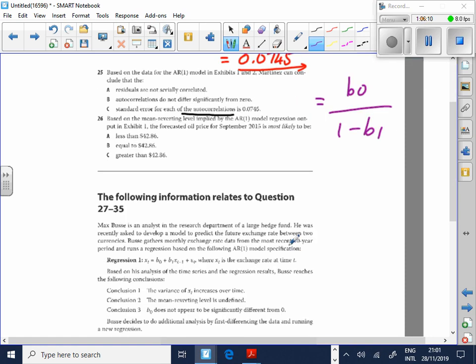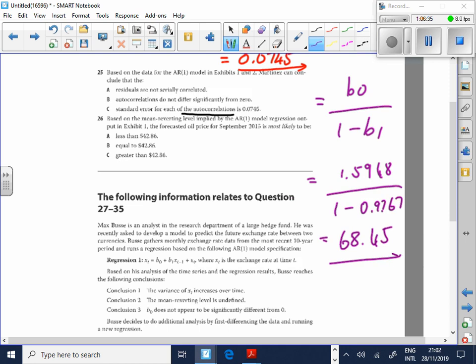And we'll go pull up some data over there. B0 is equal to 1.5948. What's B1? 0.9767. You happy where I got all my numbers from, guys? Okay, and what does it come out with? Well, what's the mean reverting price? $68.45.